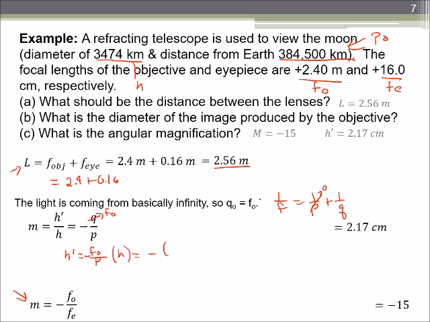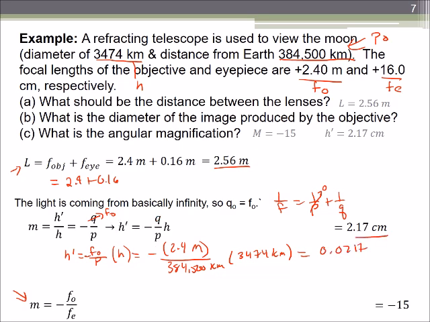So f for my objective is 2.4 meters over 384,500 kilometers times 3,474 kilometers, which gives us a value of 0.0217 meters, or 2.17 centimeters. So something that's viewable.